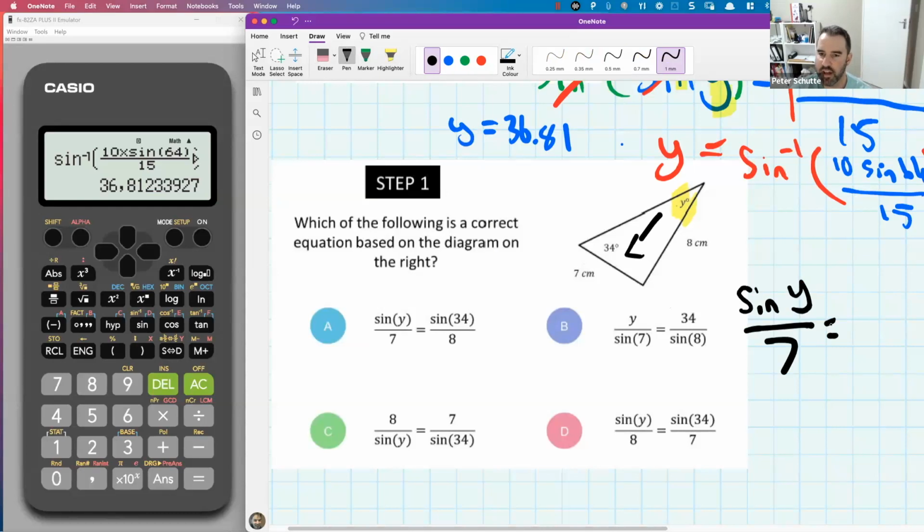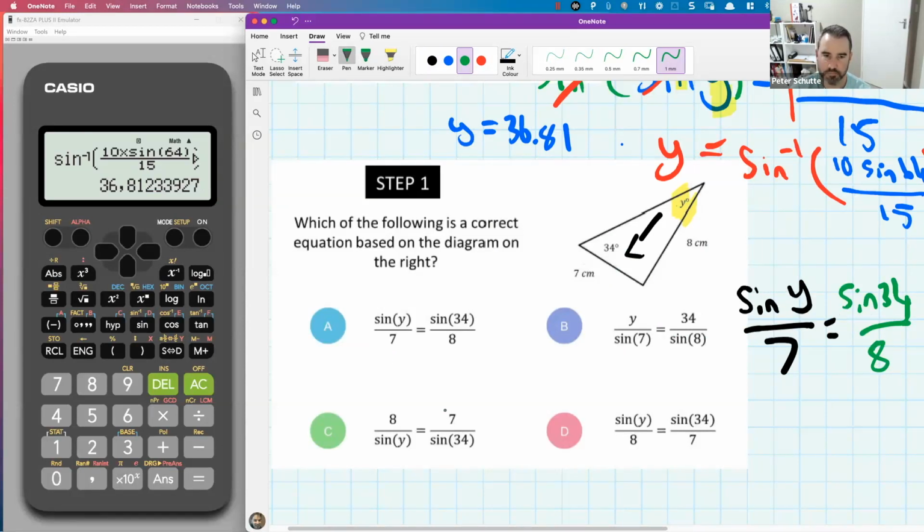And what's going to be on the other side? Sine of y over 7 is going to be equal to the sine of 34. Now, what's opposite that? It's 8. Is there anything that looks like that?